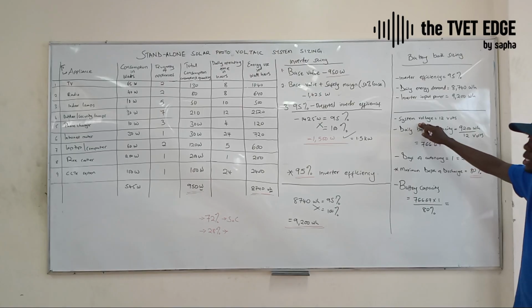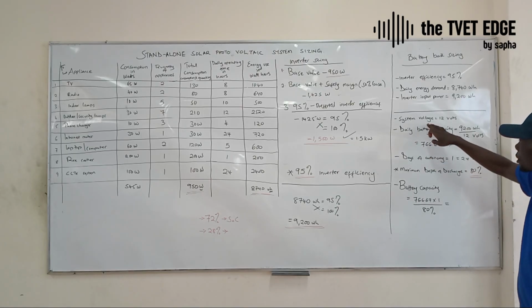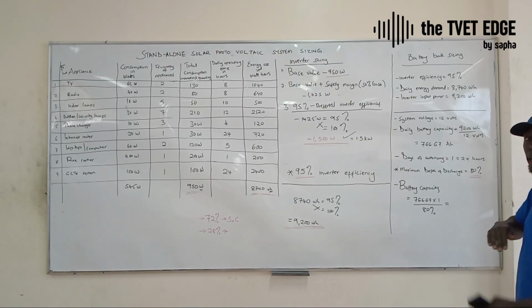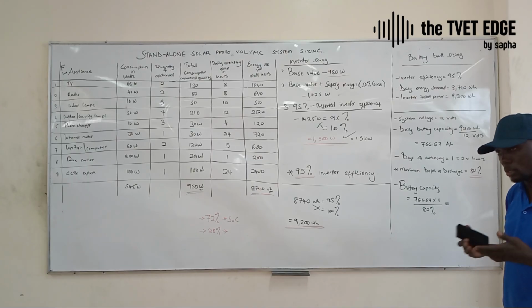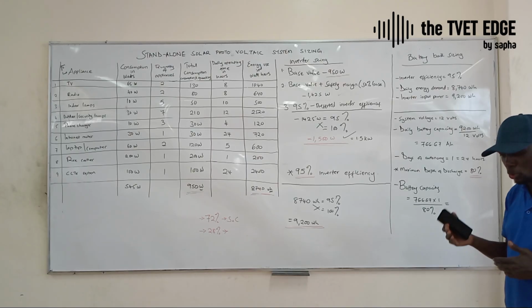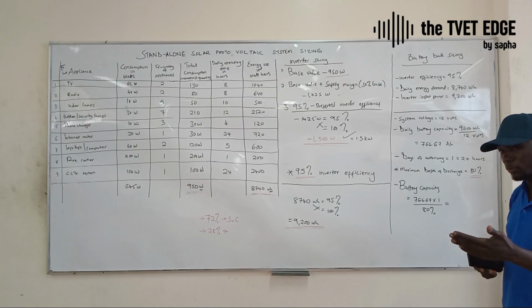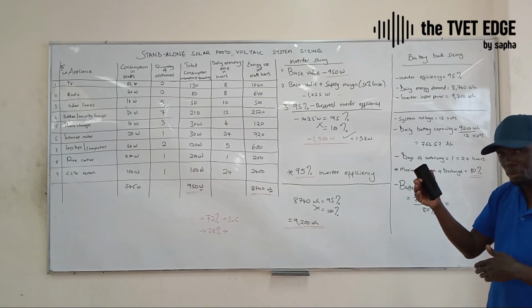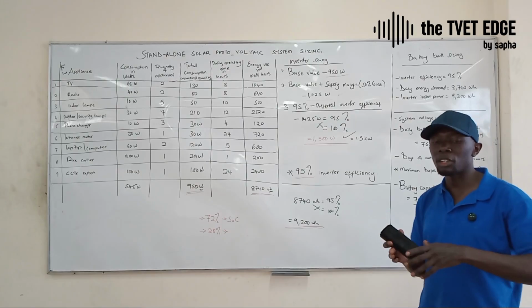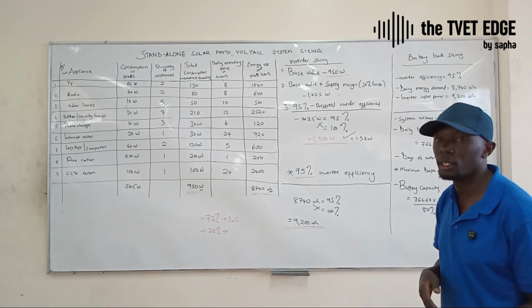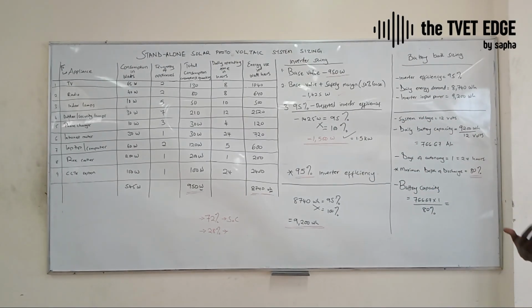We want to use a system voltage, and these voltages have been predetermined universally. We normally have a 12 volt system, the most common components are 12 volts. Then we go to 24, next one, 36 plus 12, what do you get? 48. So we rise like that. But for the domestic market, the most common system components are normally rated at 12 volts.